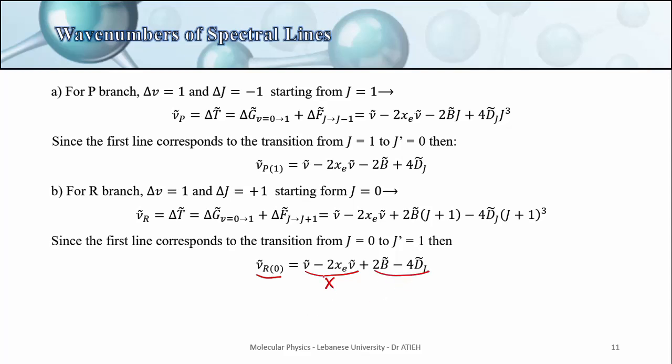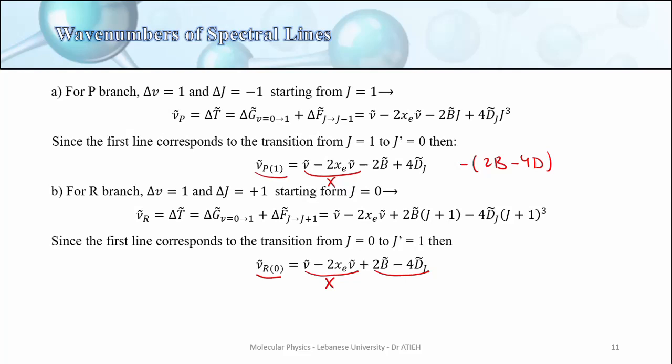So هو أسود من الx هيدي الكوانتيتي 2b minus 4d. إذا بنجي عند أول line بالp branch it's equal to x, same quantity, minus 2b plus 4d, which is equal to minus 2b minus 4d. So the spectral lines R0, P1 are symmetrical with respect to the position nu bar minus 2 xe nu bar.